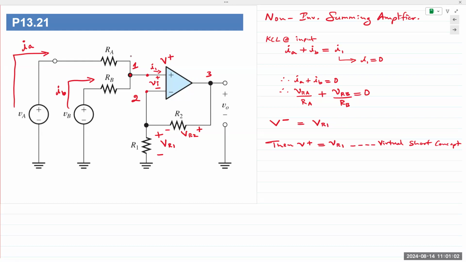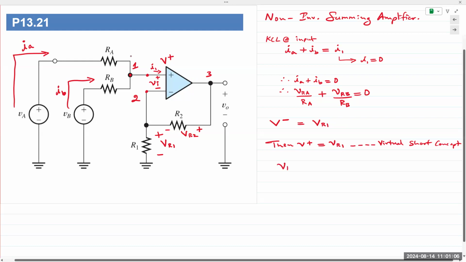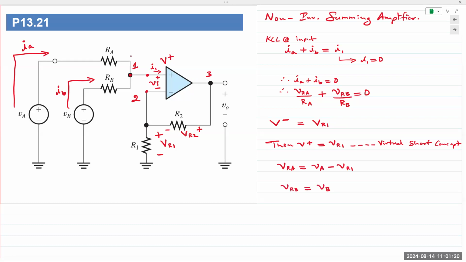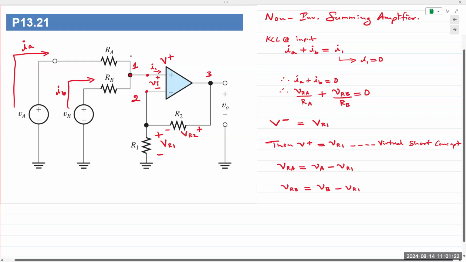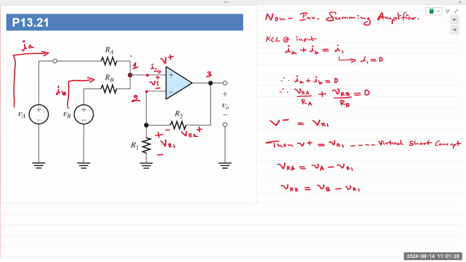So V plus is also equal to VR1, and I can write VRA as equal to VA minus VR1, and I can write VRB as VB minus VR1. Remember, the goal is to get V out over V in. V in, in this case, is VA and VB, summing amplifier.